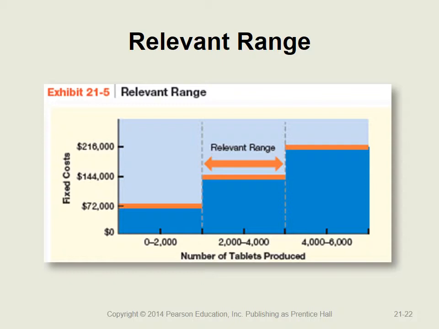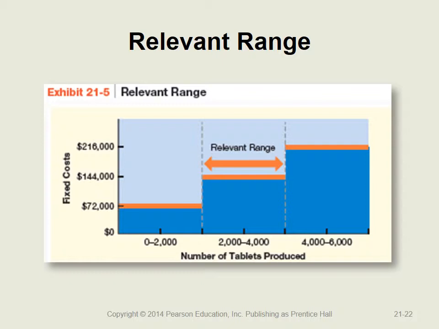If the company expects to produce 2,400 tablets next year, the relevant range is between 2,000 and 4,000 tablets, and managers will plan for fixed costs of $144,000. To produce more than 4,000 tablets, Smart Touch Learning will have to expand the company. This will increase total fixed costs for added rent, supervisor salaries, and equipment costs.